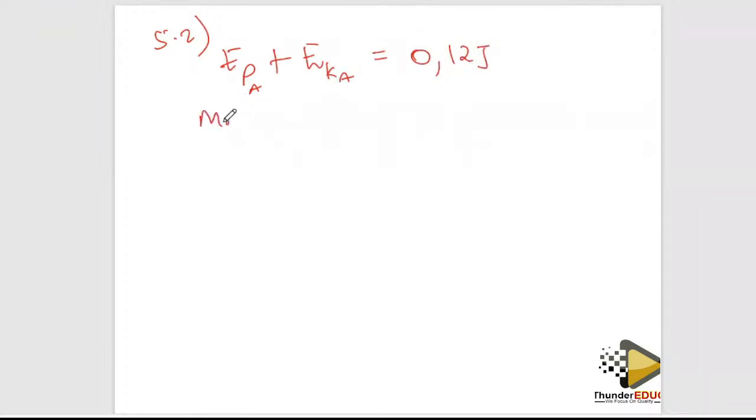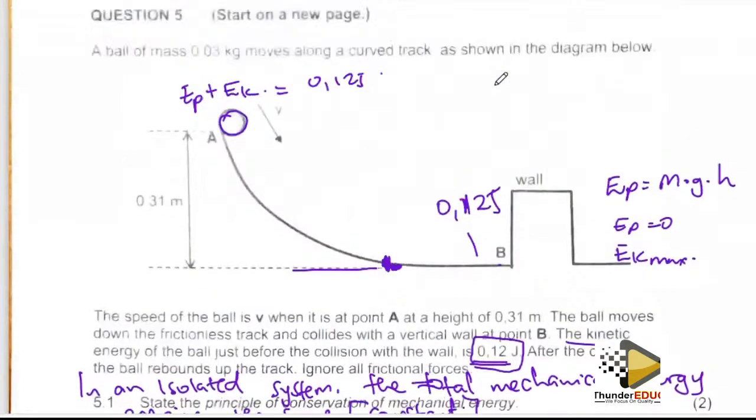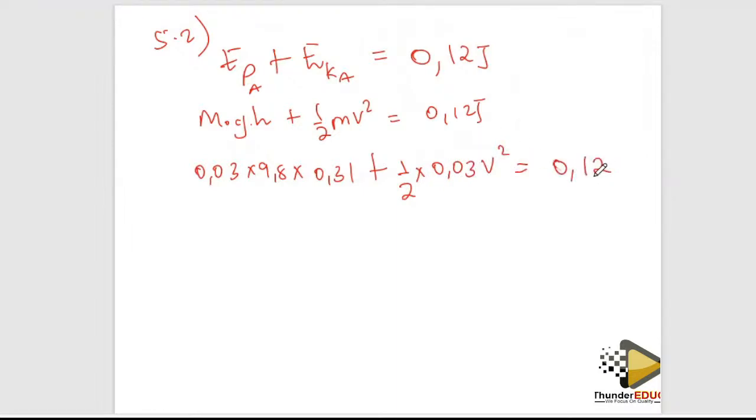EP, we said mass, gravitational, and the height. This is a half mv squared, must give us the 0.12. What's our mass? We said it was 0.03, if I'm not mistaken. Then times 9.8 times the 0.31. This is going to be a half times 0.03 v squared, equals 0.12.